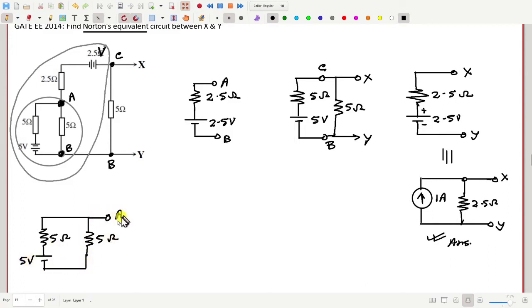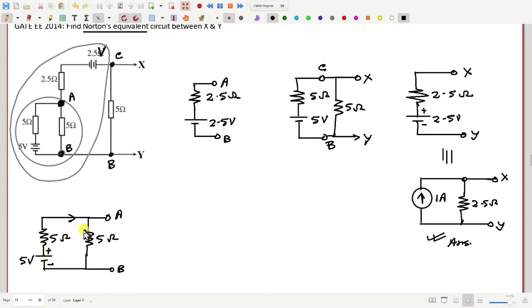Here is A, here is B. When we are finding the Thevenin voltage or Thevenin equivalent of any part or any circuit, outside we will not consider anything to be connected. So outside nothing is there, and at that moment, how much is the voltage between A and B?